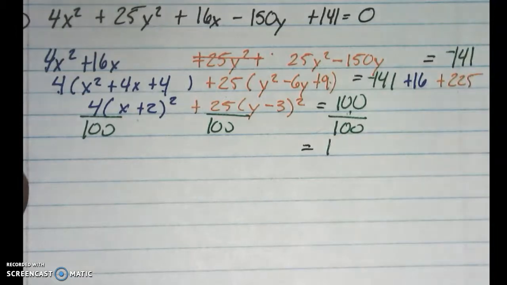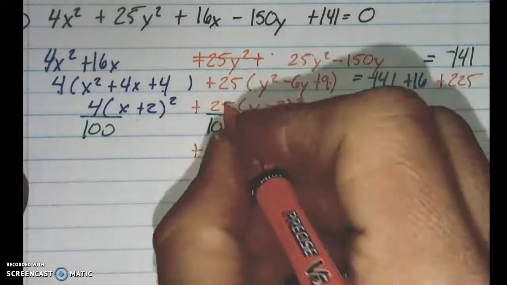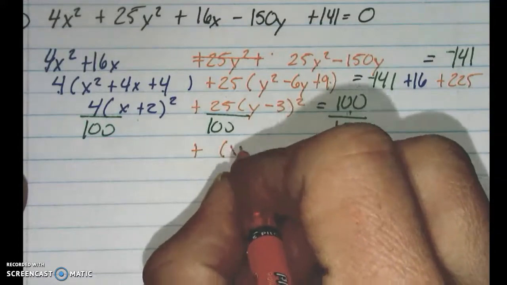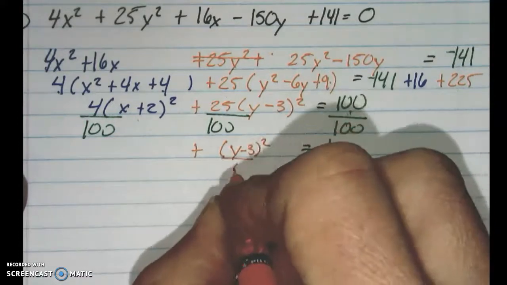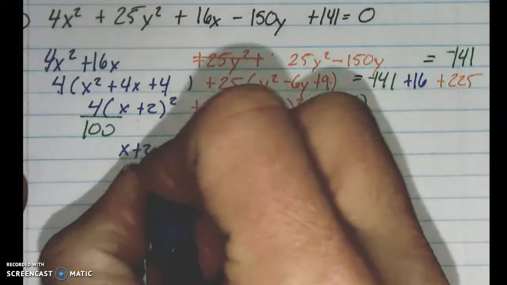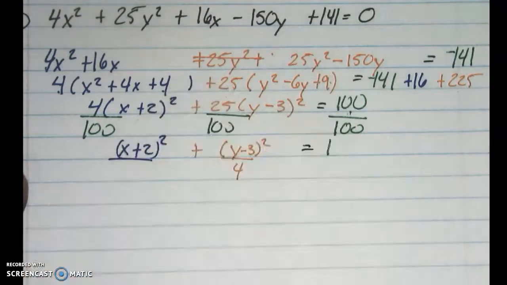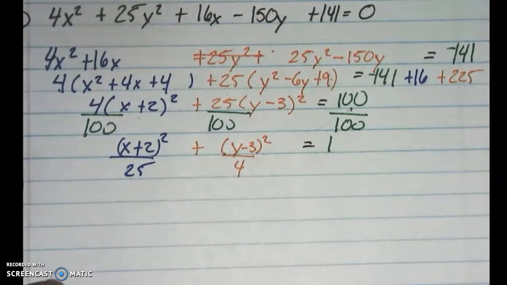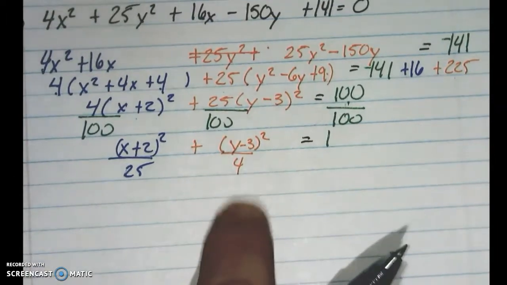The orange, my y's, what's 25 divided? So we're going to have y minus 3 squared over 4. And then what's in the denominator? 25. Okay. So that's our equation in vertex form.